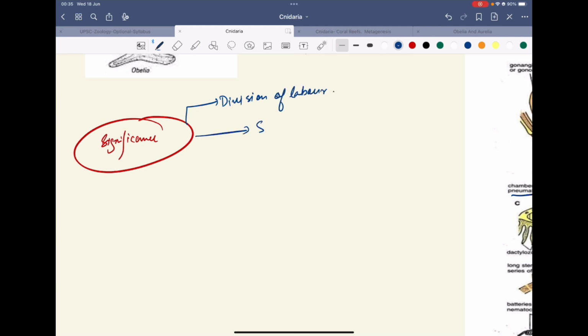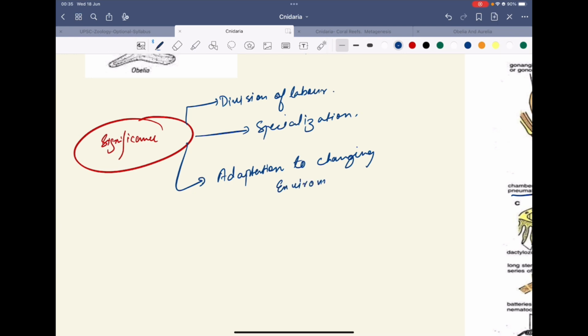They help in specialization. There are special zooids doing special functions. Then you have to know that it also helps in adaptation to changing environment. It helps in increasing genetic diversity.